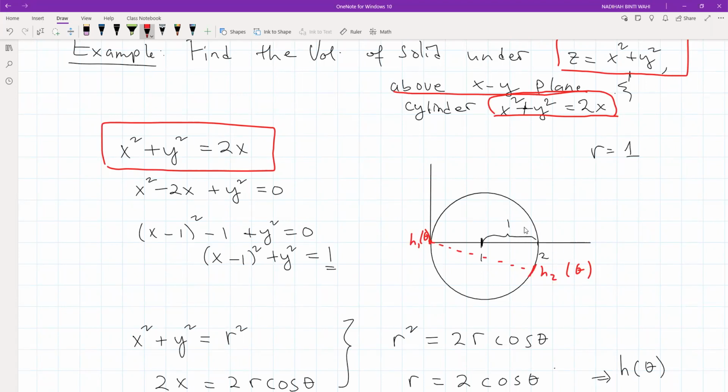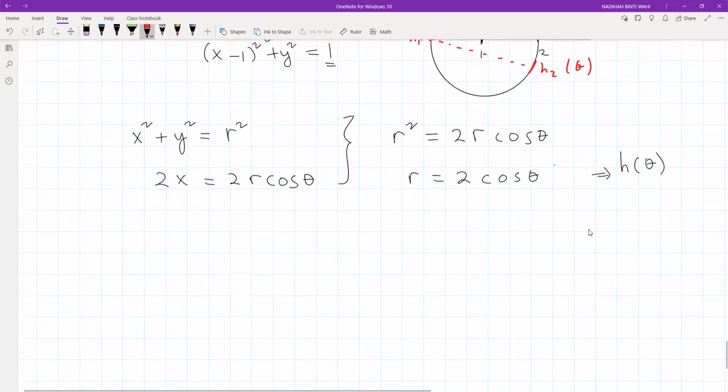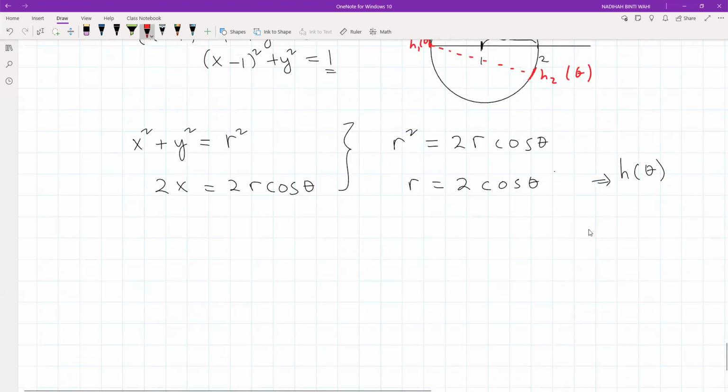Okay, so how about the angle? Macam mana nak cari dia punya angle? Theta from where to where? Is it from 0 to 2 pi? So let's highlight this one.